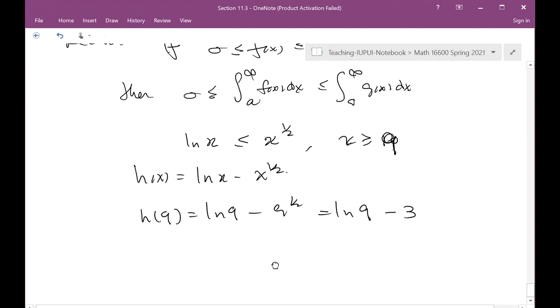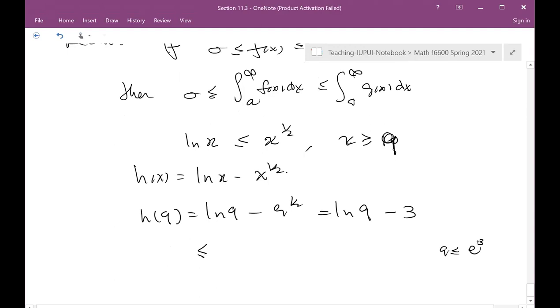Now, why is this negative? Natural log of 9 is less than 3, because 9 is less than e cubed.